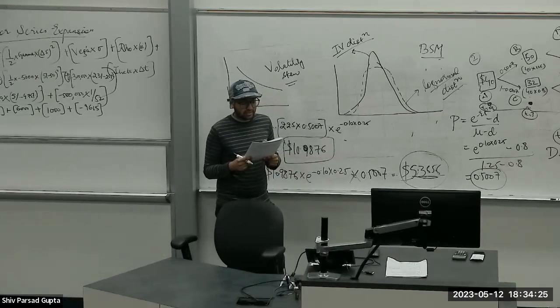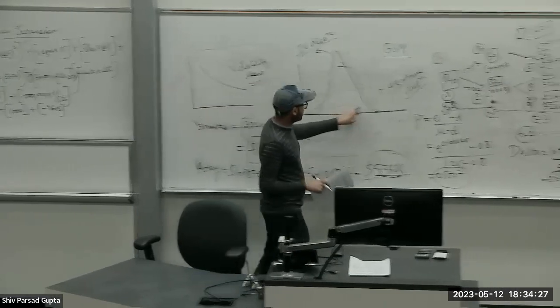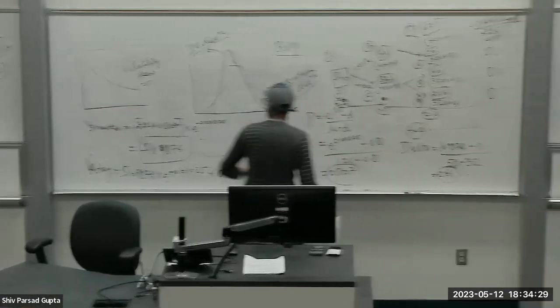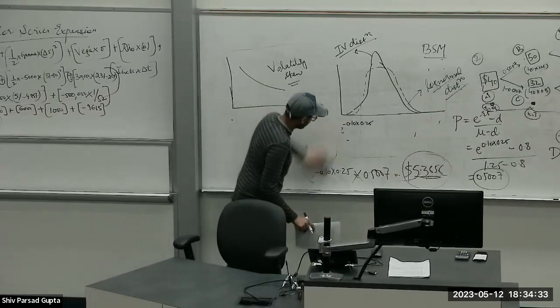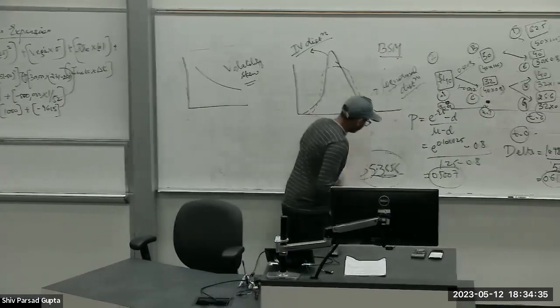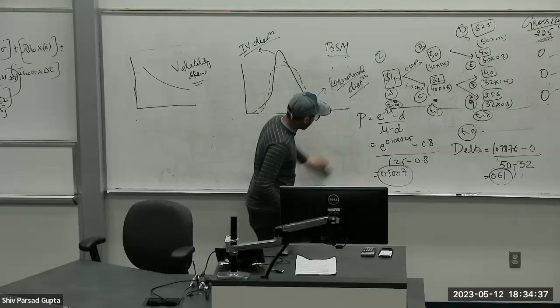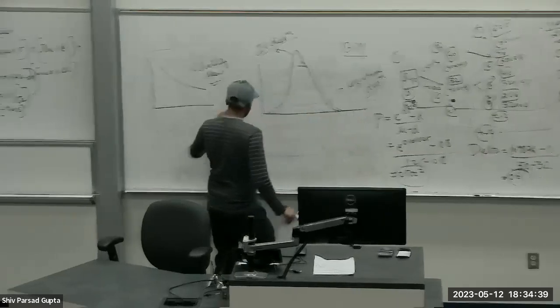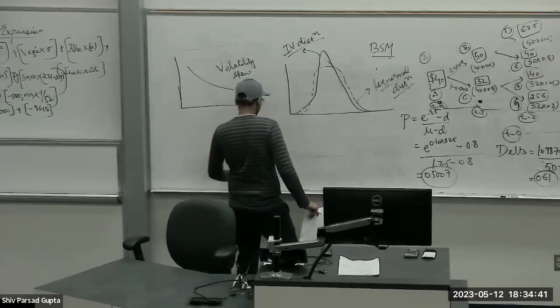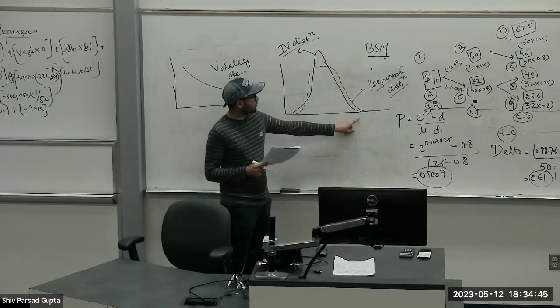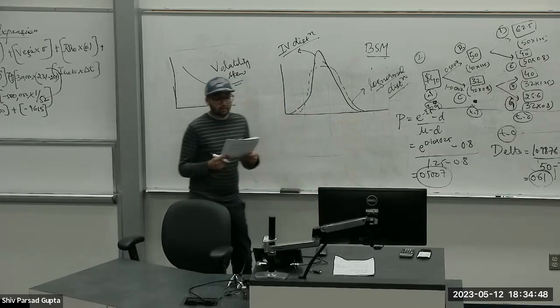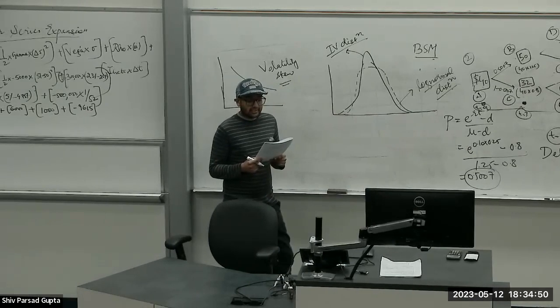So we have this diagram. So they are saying that both the tails are thinner, right?